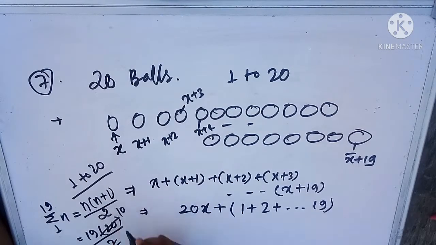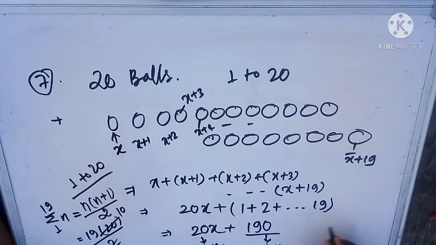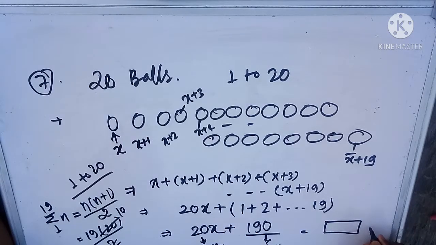So this cuts to 10 times 19, and we have 190. So 20x is an even number and 190 is also an even number. The addition of even plus even, whatever the result is, will also be an even number. Thus, the answer of this question is also an even number.